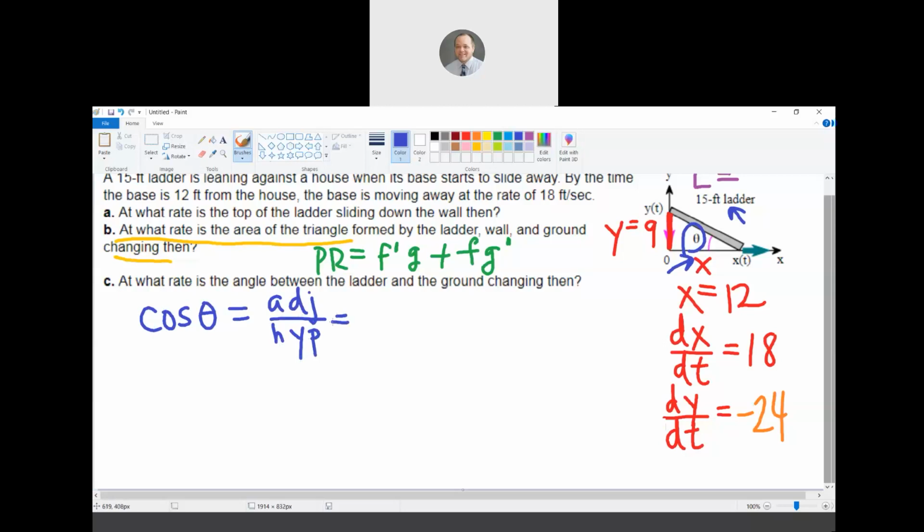So our adjacent side is x. We don't plug in x just yet. Our hypotenuse L is a fixed number. So hypotenuse is 15.